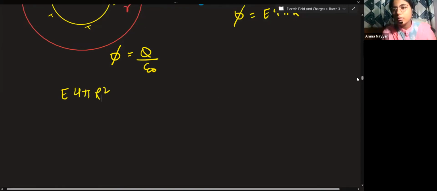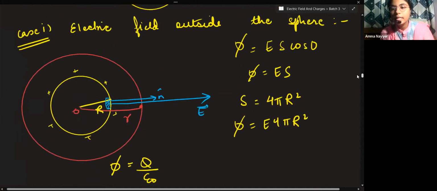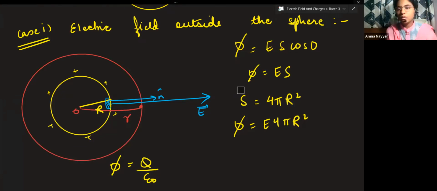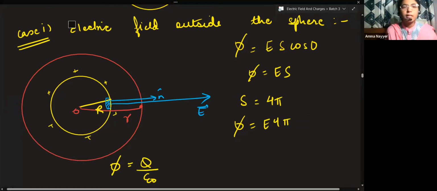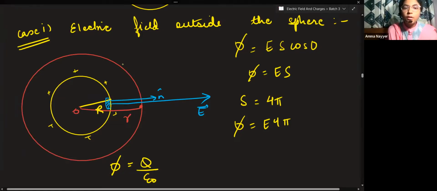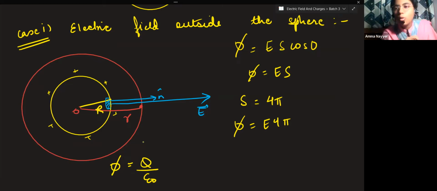Okay, one more thing. In this, we won't be writing capital R square. Just one mistake I've done while writing. See, we are taking the Gaussian surface now, so we have to write the surface area of the Gaussian surface. We are not writing the surface area of the smaller sphere. Why?